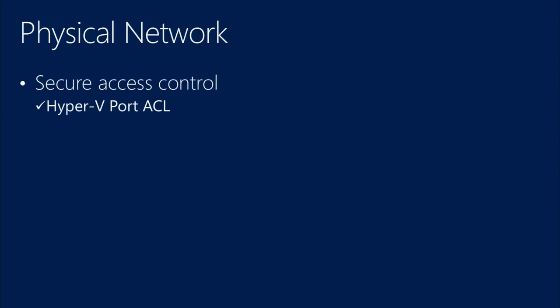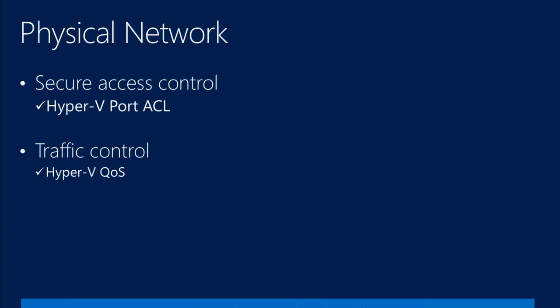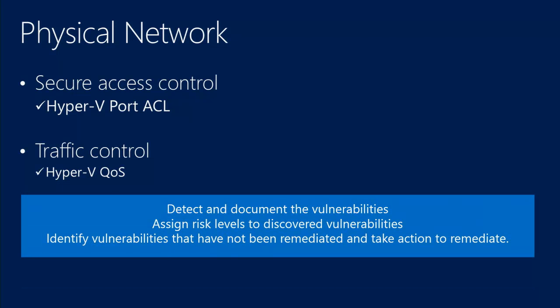That's just an example of something that can help you with secure access control. For traffic control, you can leverage some features on Hyper-V as well, like Hyper-V QoS. And again, after you finish all the assessment, make sure to cover all the 3 options that we have at the end here. That's why we are emphasizing for every single layer to go through this vulnerability assessment.